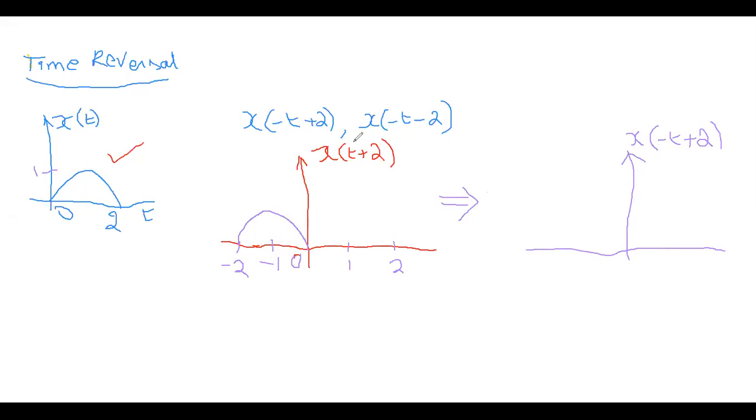That means you are going to replace all minus values of time with the positive values of time. Minus 2 becomes plus 2, minus 1 becomes plus 1, 0 becomes 0. Now see here.